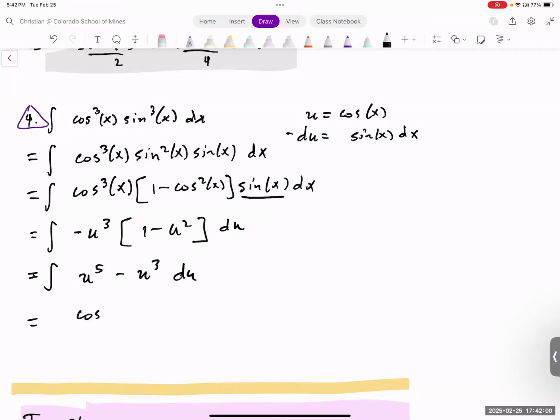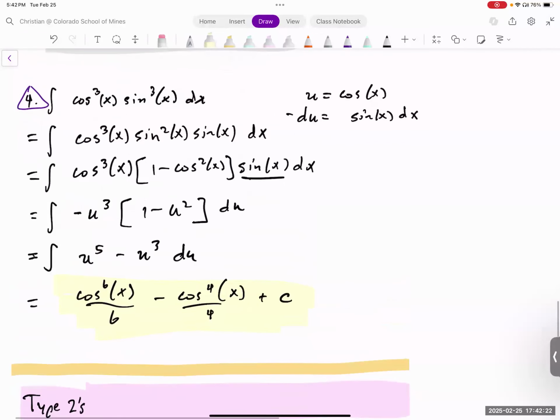So cosine to the 6 x over 6 minus cosine to the 4 x over 4 plus c. There's our antiderivative. If you had picked cosine cubed and factored, you're going to get a different looking answer, but it's correct. I say it's correct if you work through the same process.